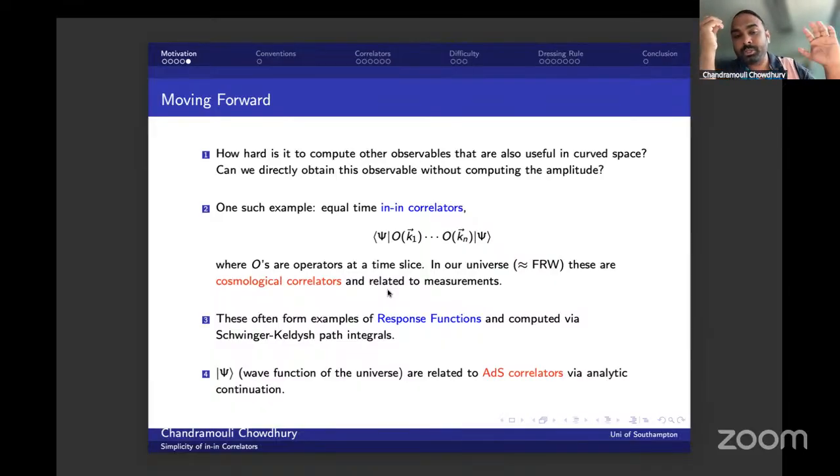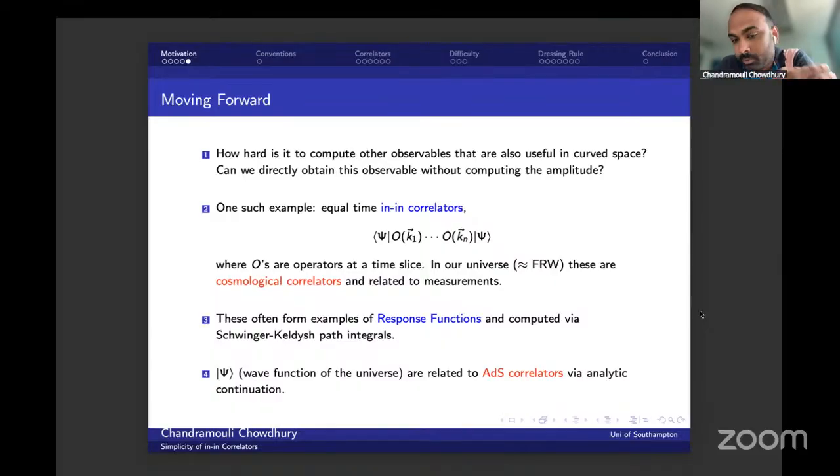But even if you were not motivated from cosmology, and you were just interested in general properties of such response functions, for example, if you're doing condensed matter field theory or thermal field theory, you would also be naturally interested in these objects because you would want to understand what's called the Schwinger-Keldysh path integral better.